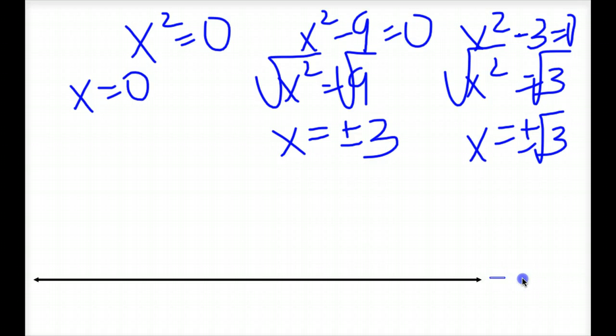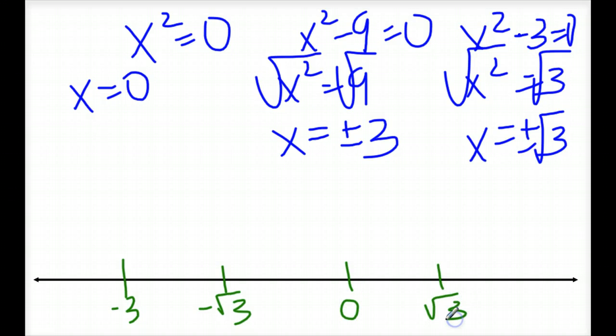Let me extend this because we have 5 critical points here. Okay, that's better. So I put these in order. I'm going to get a negative 3, then I get a negative radical 3, 0, positive radical 3, and positive 3.